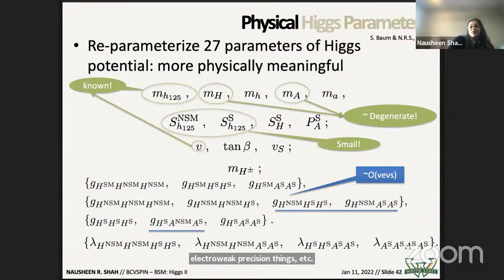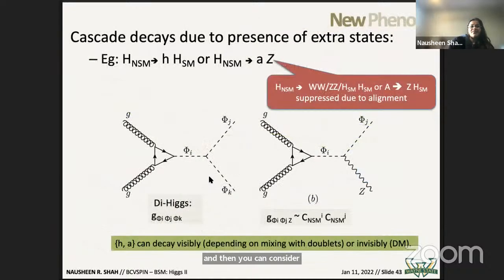And then you can consider also that there's, like I said, various decays, etc., that are suppressed due to this alignment. But now, because you have these additional singlets also there, there can be extra cascade decays, this H standard H non-standard decaying to a singlet plus H125, etc., which were not present otherwise.